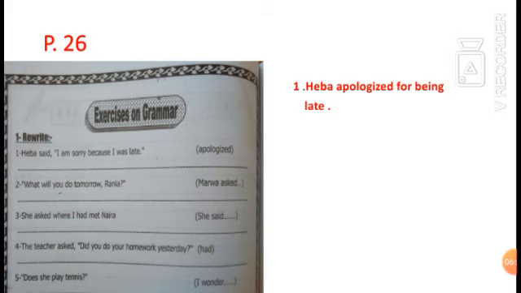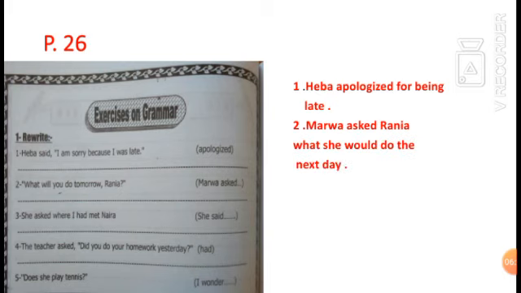Number 2. What will you do tomorrow, Rania? Marwa asked. Marwa asked Rania what she would do the next day. Because here we have will do, we change it into would do, and we have the word tomorrow, we change it into the next day.